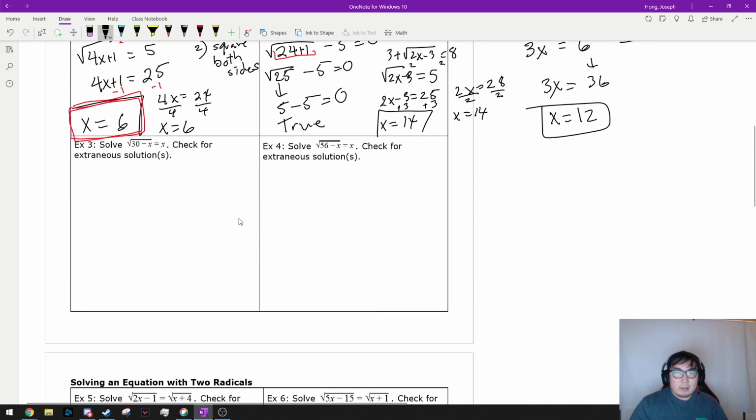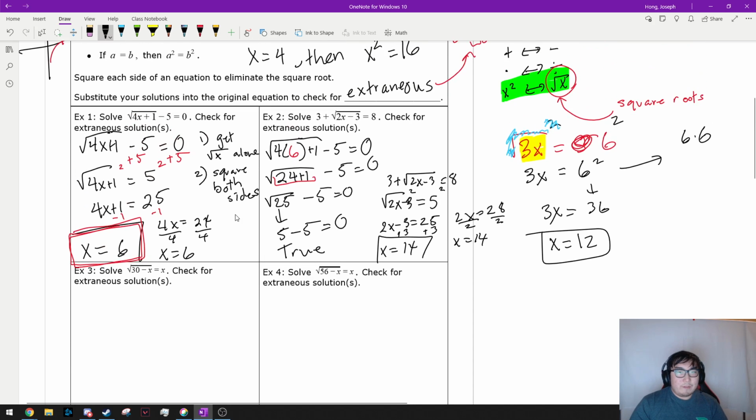Number 3. A fancier question, because what's different between example 3 and example 1 is that now I have this X right here. So my first step of getting the square root alone, which I did for example 1, that's already done. So we need to do square roots on both sides. Oh, and the last one was solve for x.